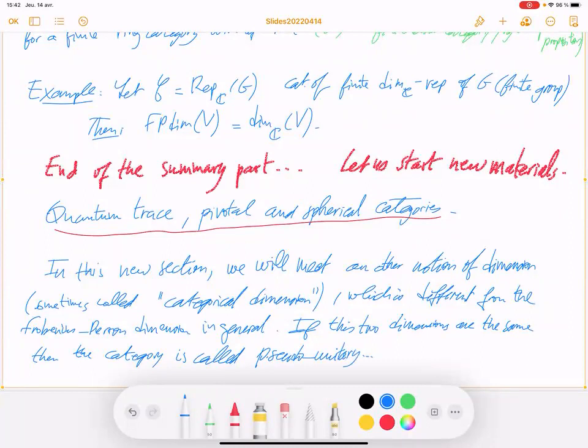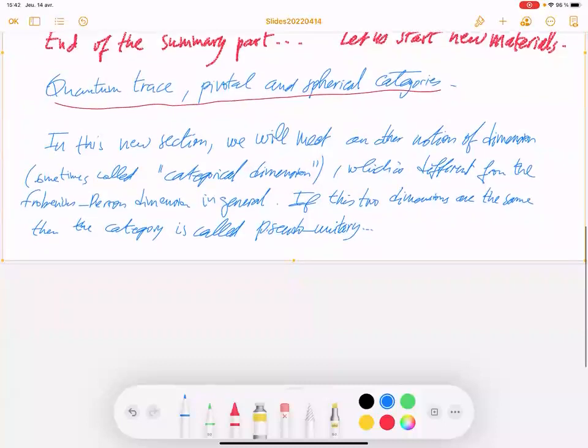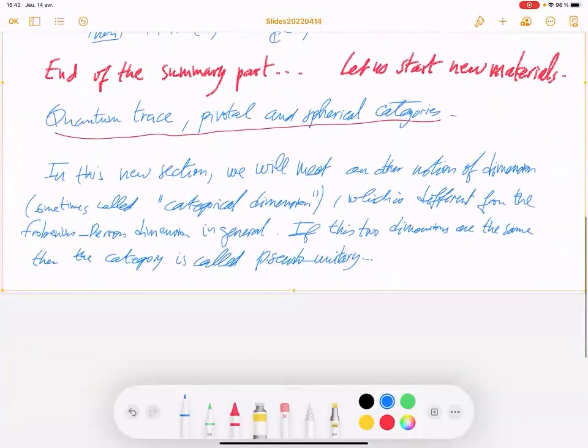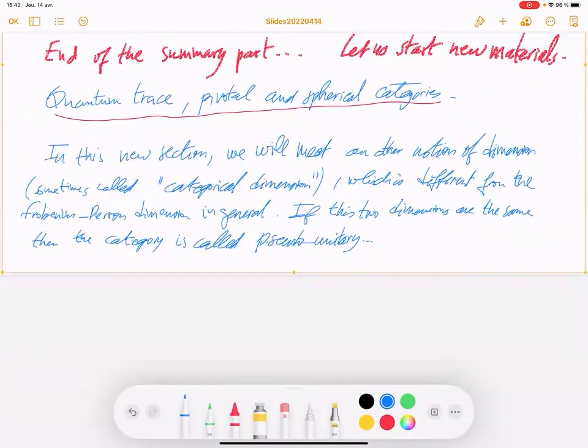So this is just an introduction part to connect with what we just finished. We will not talk about pseudo-unitary categories now, but let's mention that there exists a notion of unitary fusion category or tensor category.